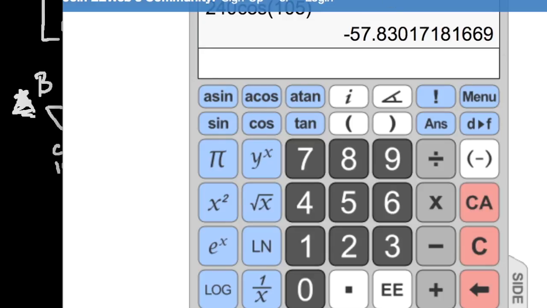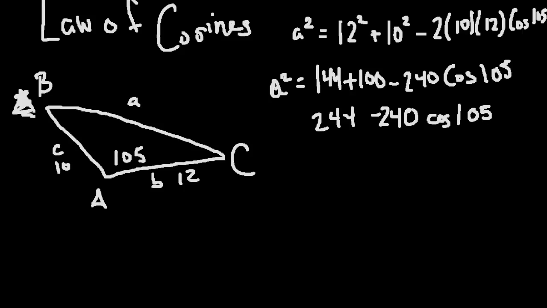Now we go back to the problem. It's 244 minus that negative 57.83, so 244 minus a negative, so make this a plus.